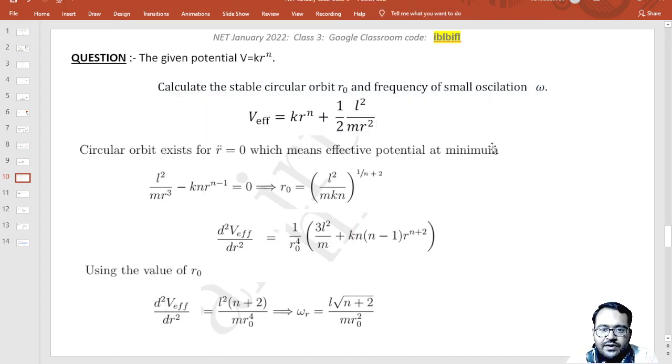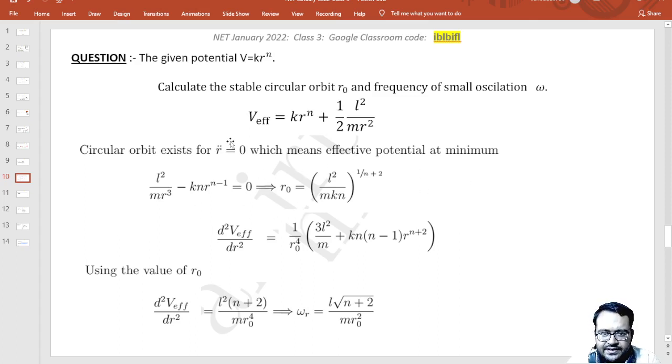Now what we will do, we have effective potential K r to the power n plus half of L square by m r square. That is our effective potential. As we know, we need to first find the stable circular orbit, which means the effective potential is at a minimum.